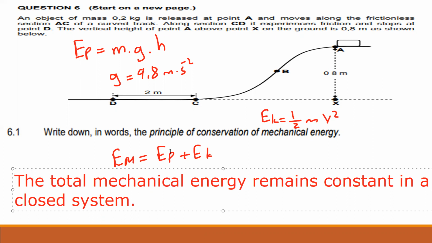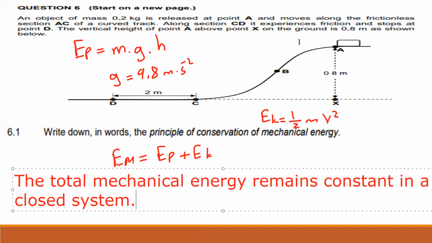Potential plus kinetic, the sum of potential energy and kinetic energy. And then conservation of mechanical energy is total mechanical energy remains constant in a closed system. This is our answer for 6.1. Only this one is the answer, but we explain more. So let's continue with the next question.